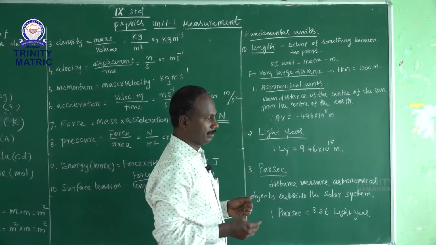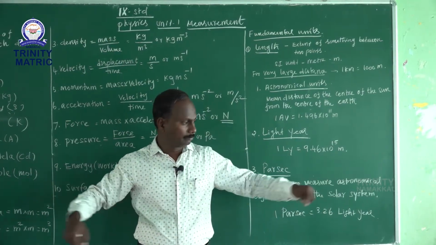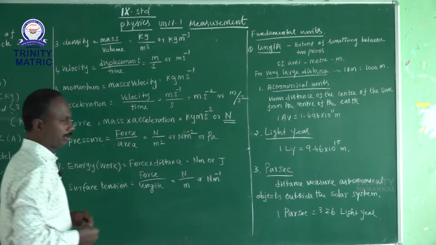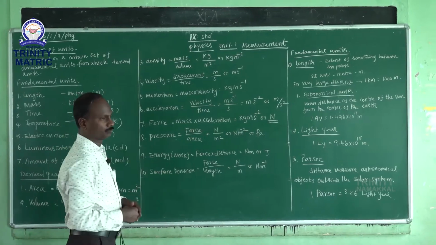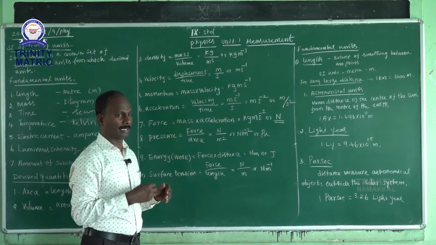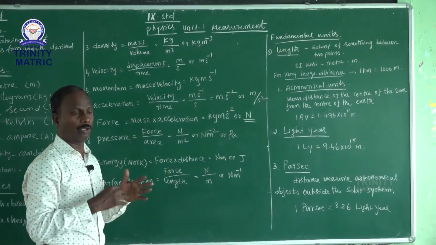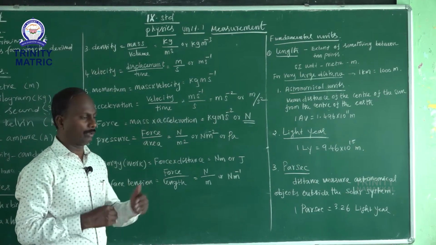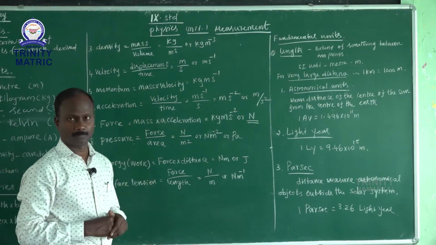For example, if you want to measure the breadth of the room or the length of the board, you use a tape and directly measure the length. So 1 meter, 2 meter. To measure from one place to another, for example from Namakkal to Salem, the distance is measured in kilometers.